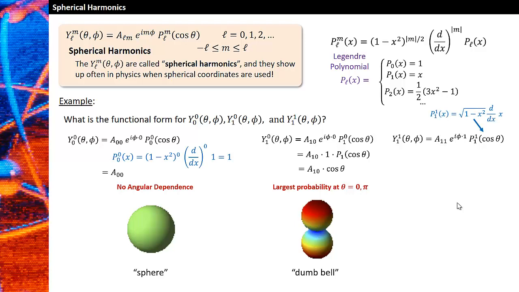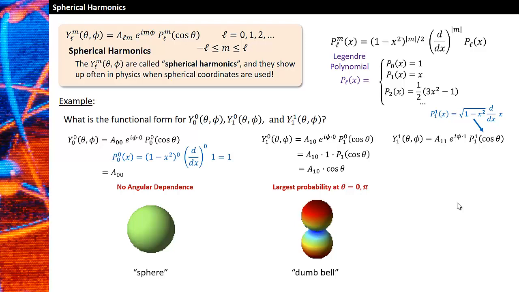And so in order to calculate this, we'll take (1 minus x squared) to the 1/2, which turns out to be a square root. And then the d by dx has an exponent of 1, so I just have a single derivative, d by dx, of P sub 1. P sub 1 is just x here. Okay, so altogether, P11 is the square root of 1 minus x squared, d by dx of x.